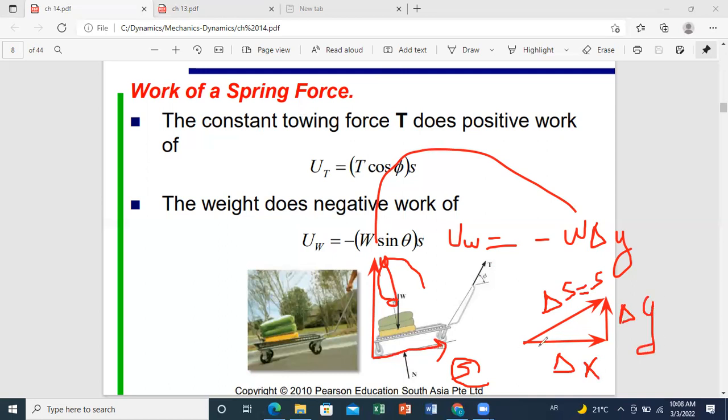And since we know the inclination angle theta, from this figure we can relate delta s to delta y. Okay, so we can say that delta y can be replaced by delta s sine theta.